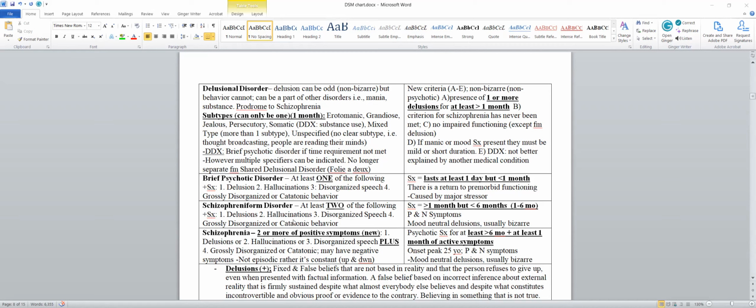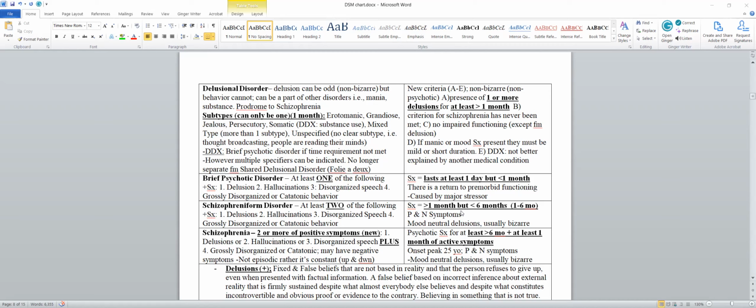Schizophreniform disorder has to have at least 2 of these positive symptoms: delusions, hallucinations, disorganized speech, or grossly disorganized or catatonic behavior. The symptoms have to be there for greater than a month, but less than 6 months, and negative symptoms can be present.